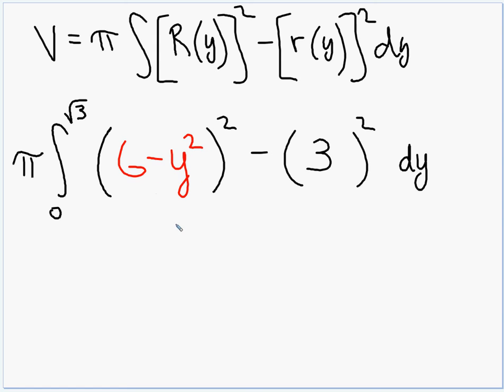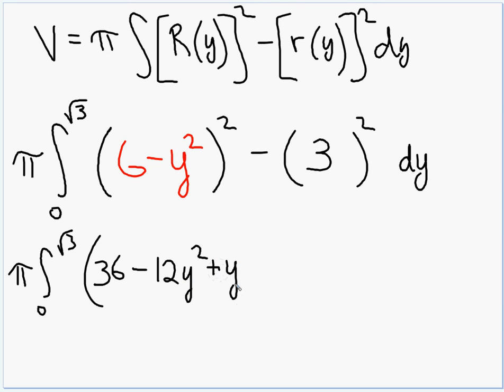Okay, there, in my opinion, the hard part is over. Let's do a little algebra before we can get to the calc. So we have to FOIL this out. 36 minus 12y squared plus a y to the 4th. And then we're going to have minus 3 squared is 9 dy.